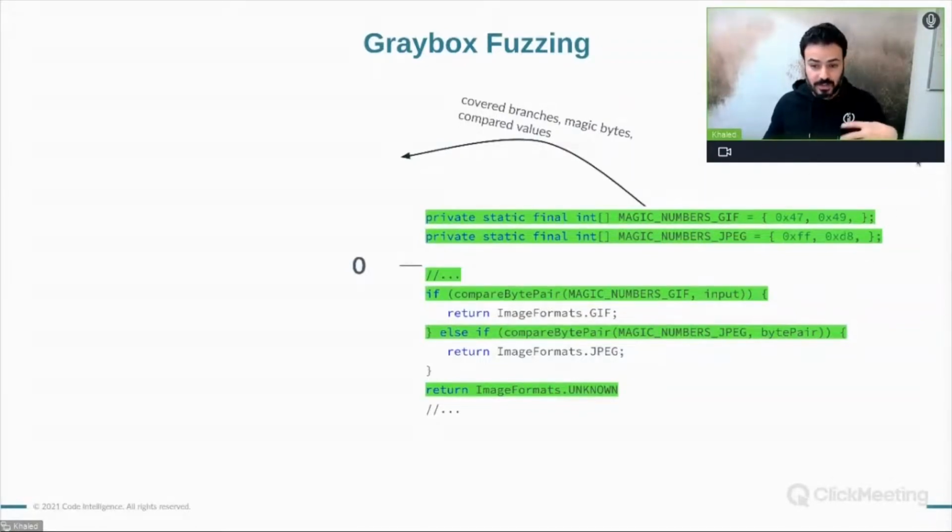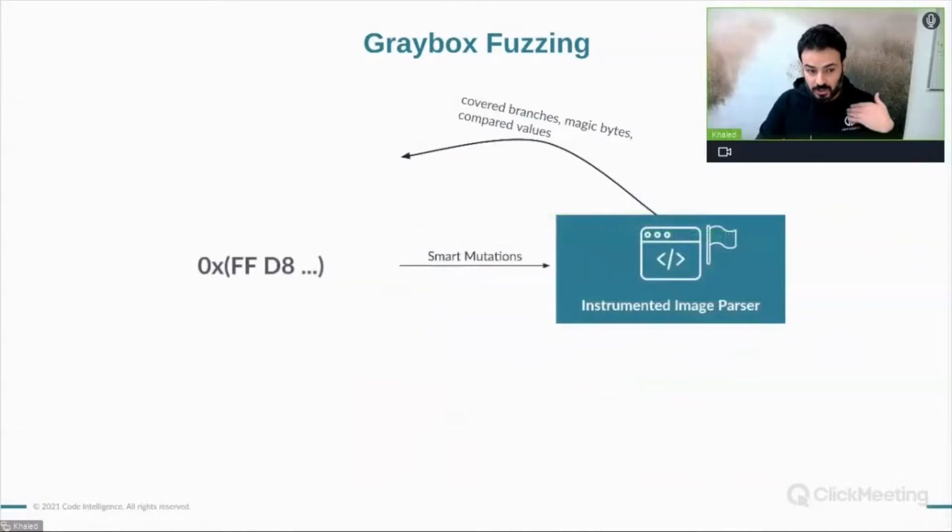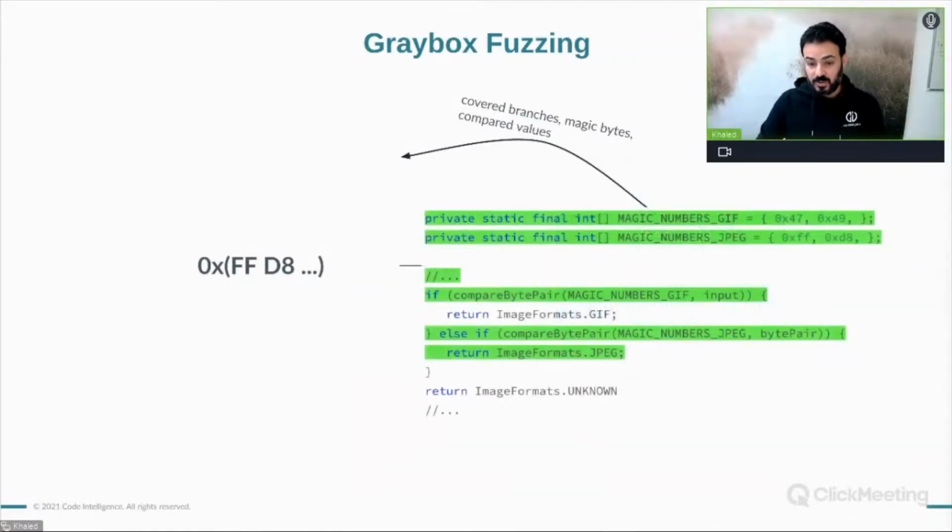The fuzzer then uses this feedback to say: the input is compared against these constant magic values, so what would happen if I use them in my input? In the next iteration, the fuzzer can generate this input and provide it to the application, and now it gets feedback that new code has been executed.